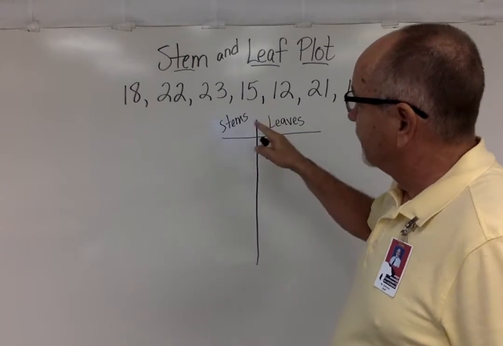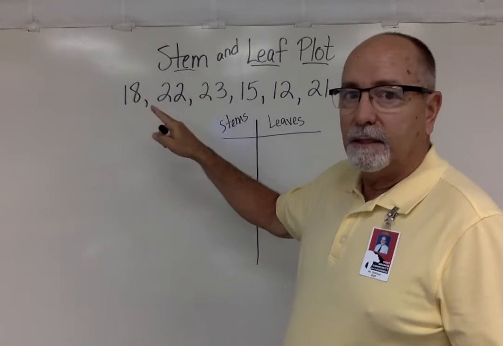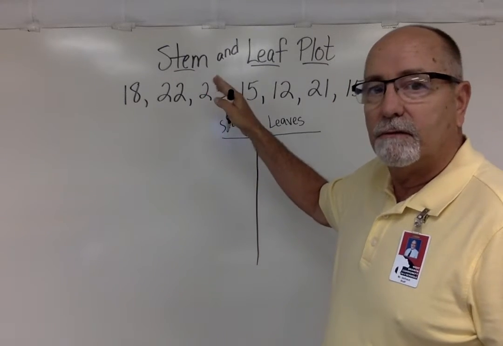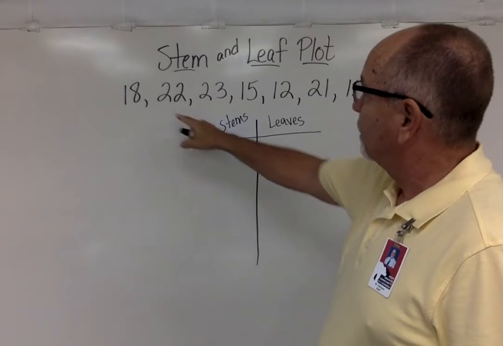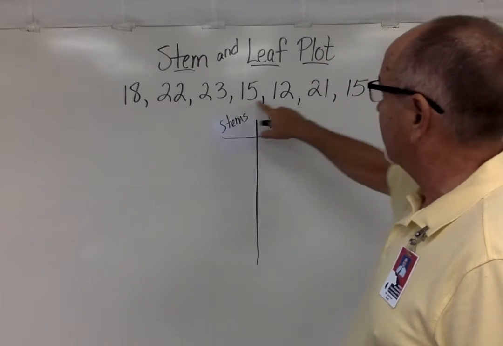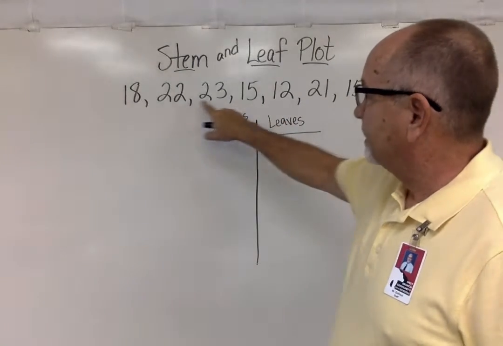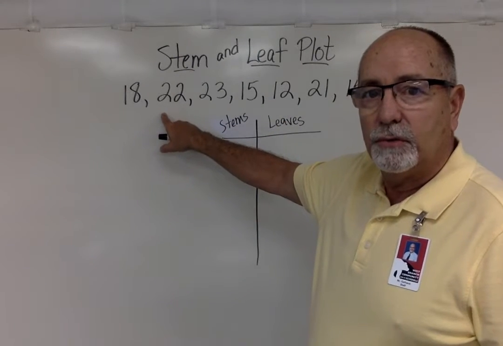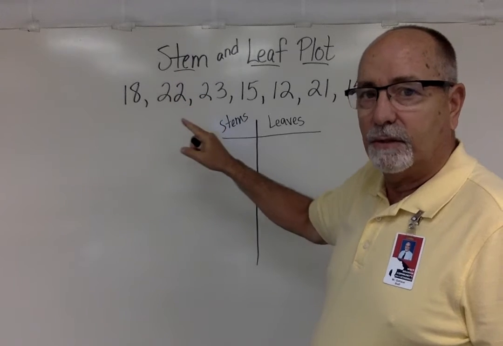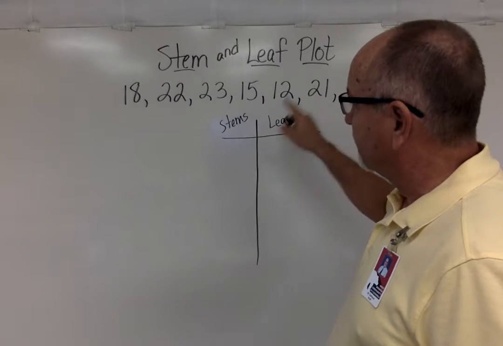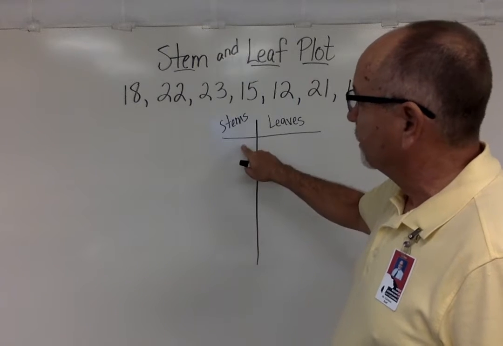So what we do is we look for what is going to be the stems and put them in numerical order over here on the left. What I'm seeing in these 7 numbers is that the 20s, or the 2 of 20, is the greatest stem value. Because we're going to go numerical, we're going to start with the least.